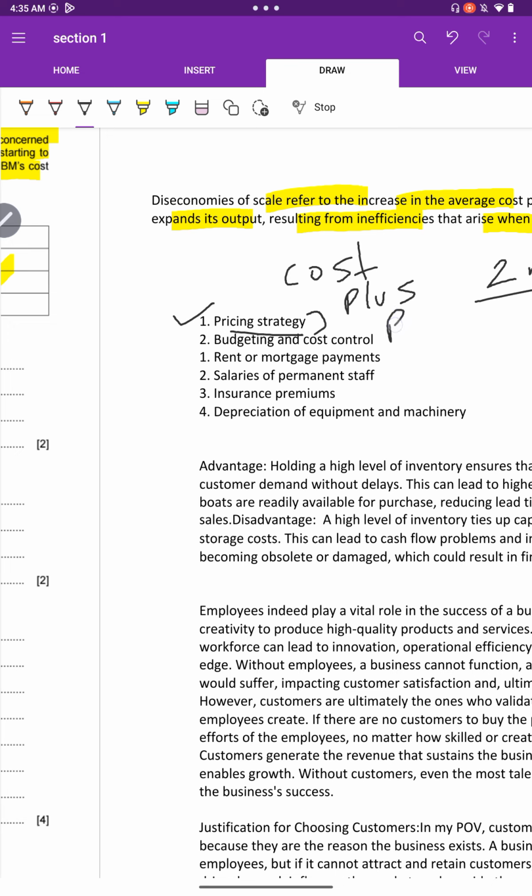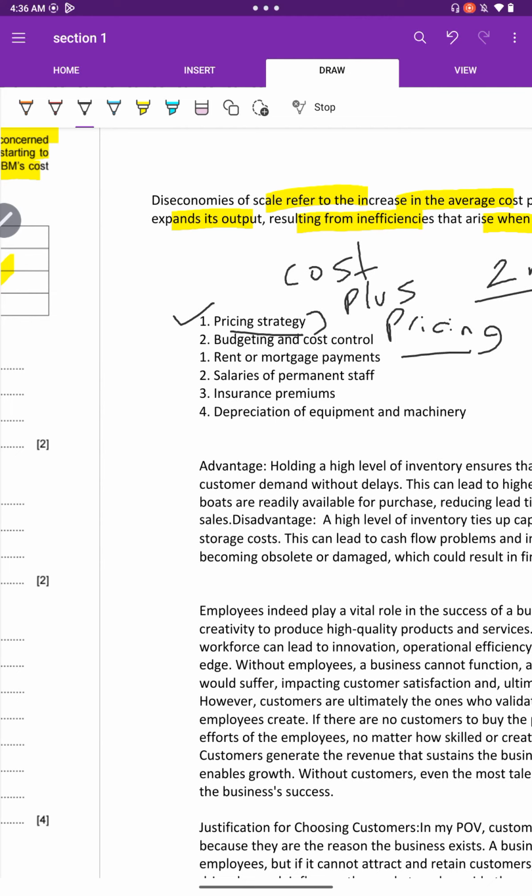In cost plus pricing, first we have to know the total cost we are incurring to produce something, and after that we keep our markup, it might be 50% or something like that, and we add that markup to the cost and set the selling price.